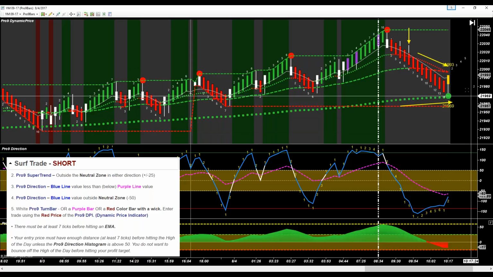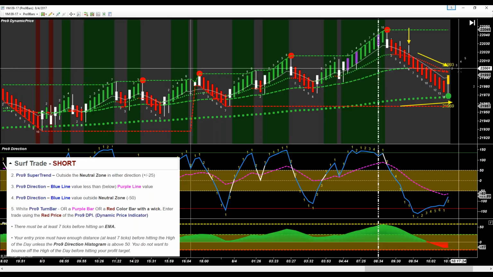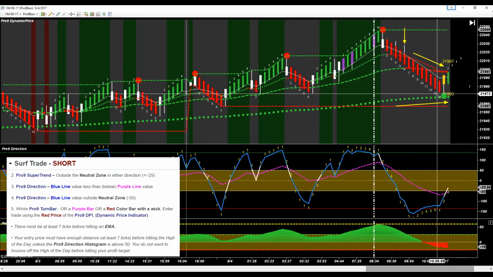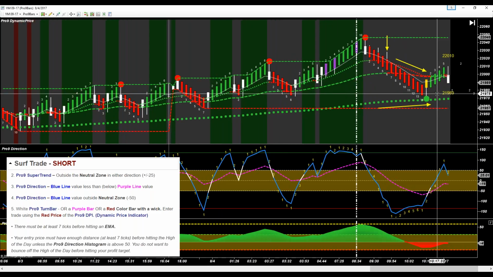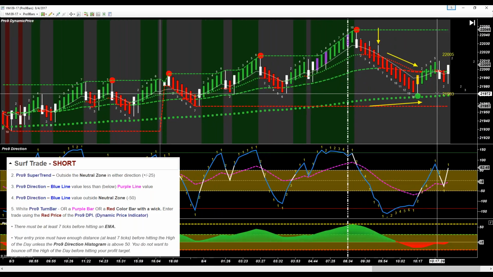Our EMAs create this narrow range of support and resistance that the price has trouble breaking out of sometimes. So from this point, I say, okay, I'm going to pump my brakes. I don't want to just hop into any trades, even if it is qualified, because I usually see chop develop out of this type of situation. So I'm not going to take any trades here, just watching the market.